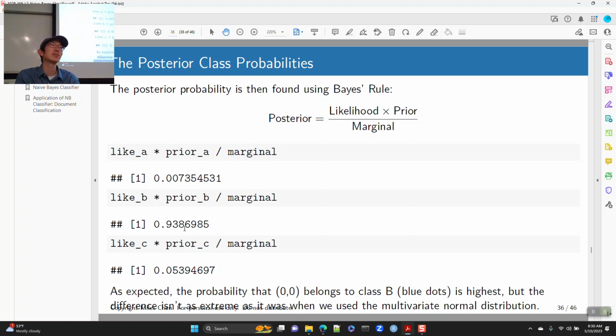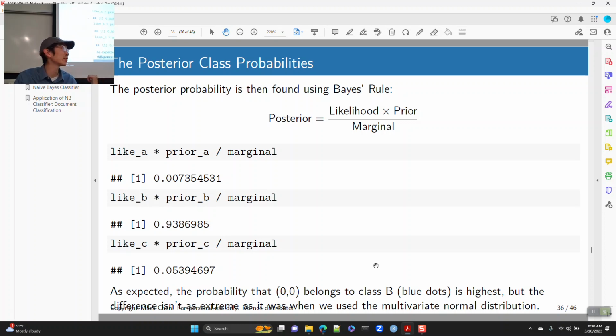When we did the multivariate normal, it was like 99.5%, and now we're getting 94%. Class A and class C are now in a different order, again because of our naive assumption here.